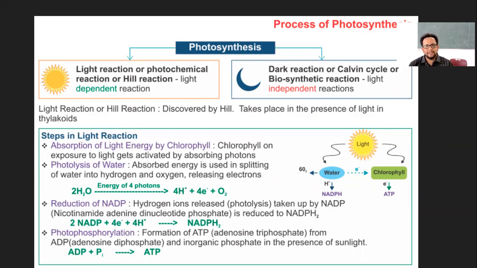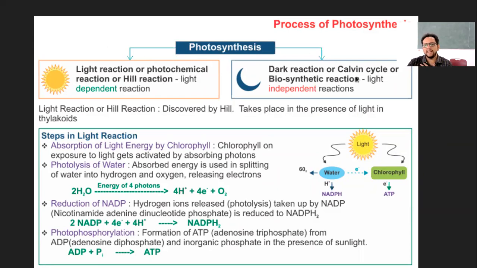That particular reaction was called photolysis. Photo means using the light energy, lysis of water, that is breakdown of water. So that is light reaction.